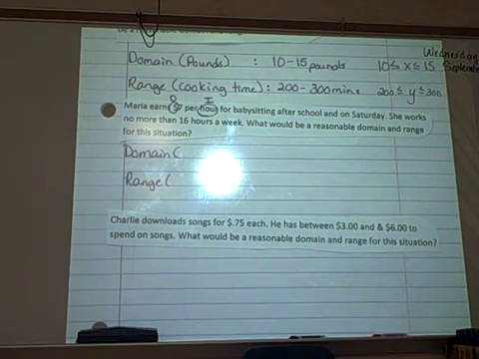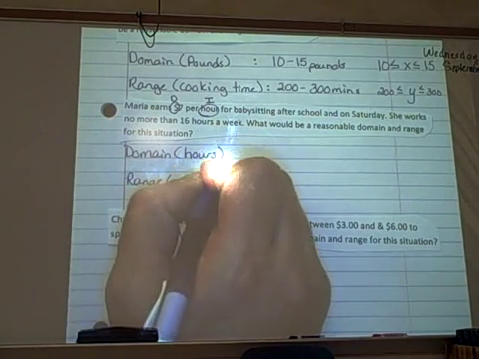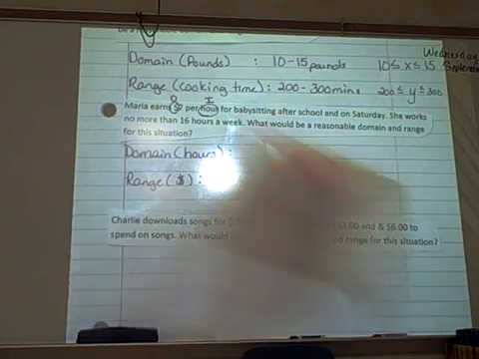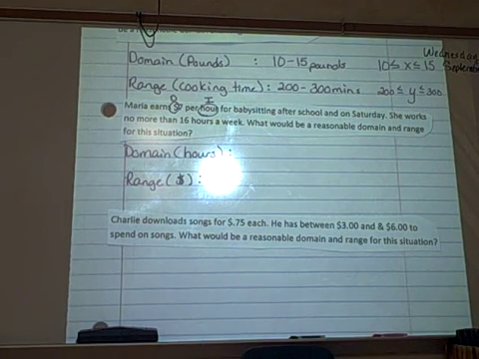The hours. Range goes with money, how much she makes. We're going to assume that Maria at least babysits 1 hour a week. I'm just going to throw that out there, we're going to make that assumption. So she babysits at least 1 hour a week. So what is a reasonable domain number of hours that she's babysitting a week? 1 to 16.